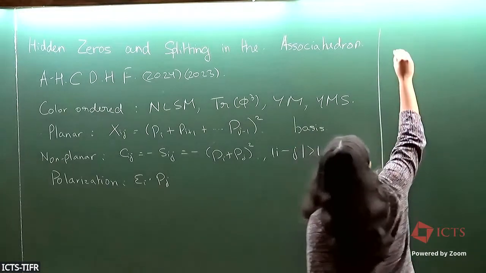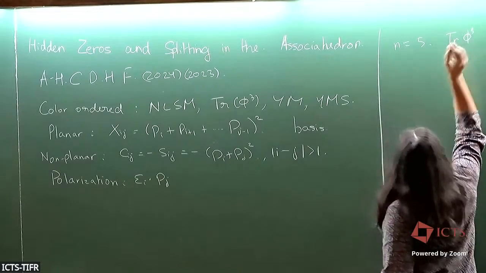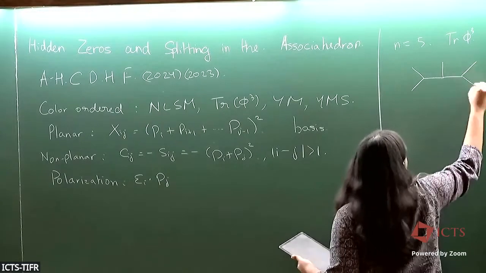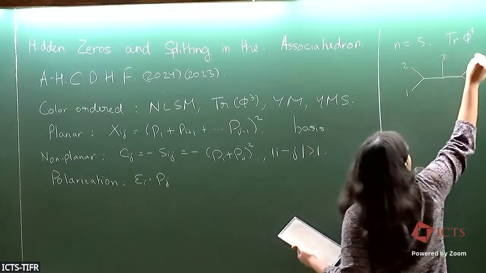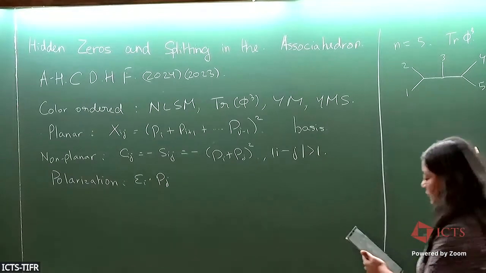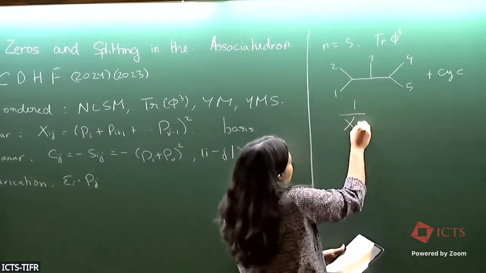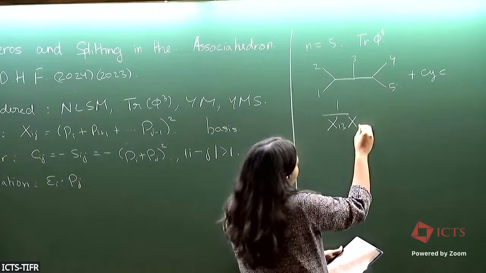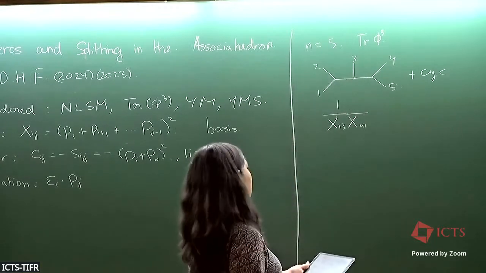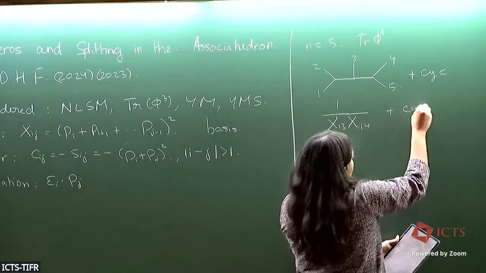So if you look at n equals 5 trace phi cubed, then you have graphs of this type. These are the only type of graph. And then you decorate it with your labels, and you're allowed to sum over cyclic permutations of these labels. So in terms of the x's, this is just x13, x14, same thing, plus cyclic.